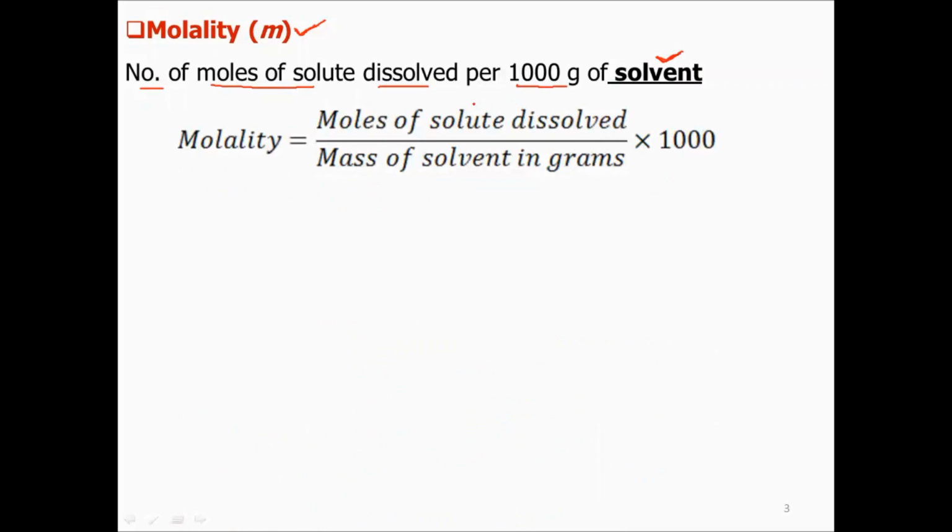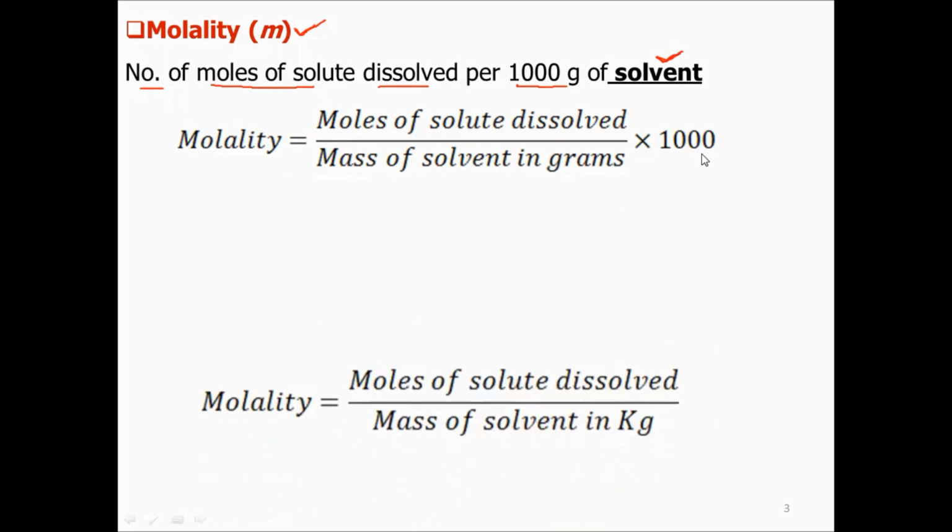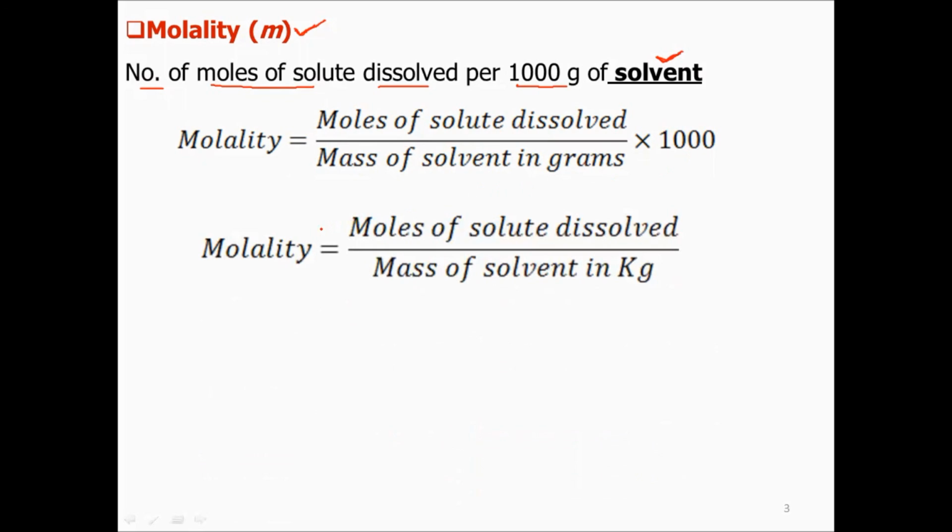Mathematically, it is given by moles of solute dissolved divided by mass of solvent in grams multiplied by 1000, and it can also be given as moles of solute dissolved divided by mass of solvent in kg. If mass is given in kg, you can directly use this formula. If it is in grams, you can use the other formula, because this factor is used to convert grams to kilograms.